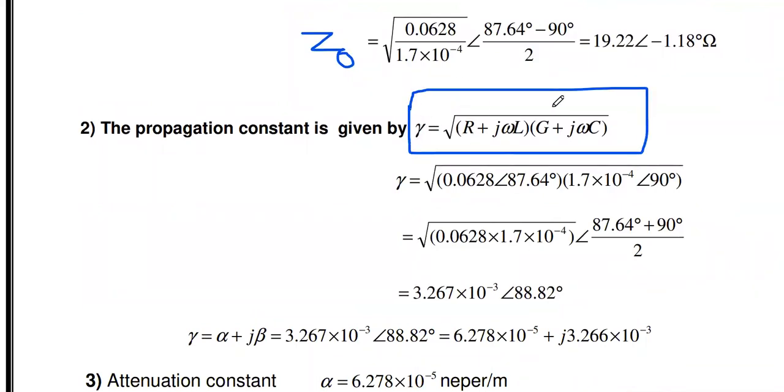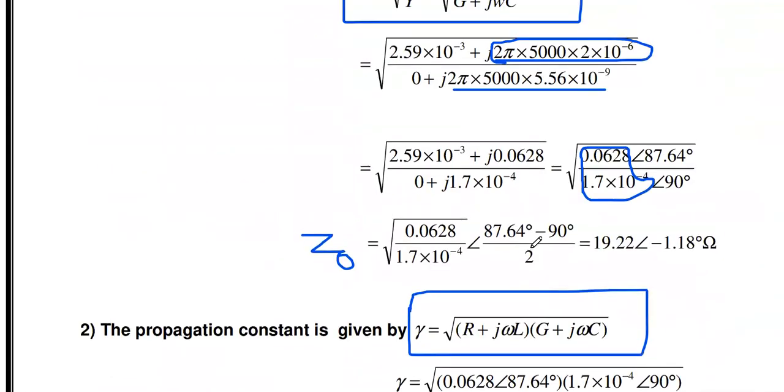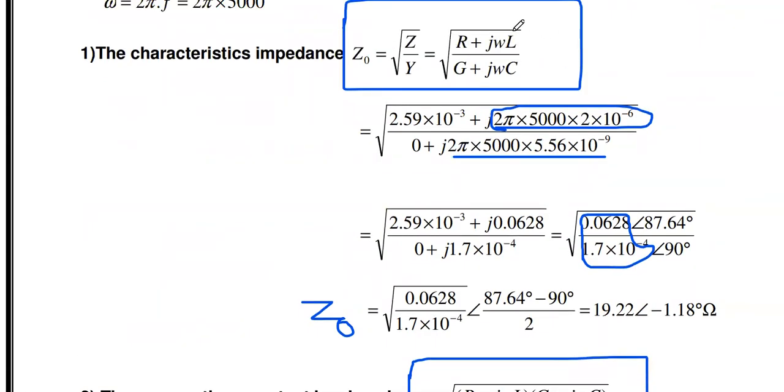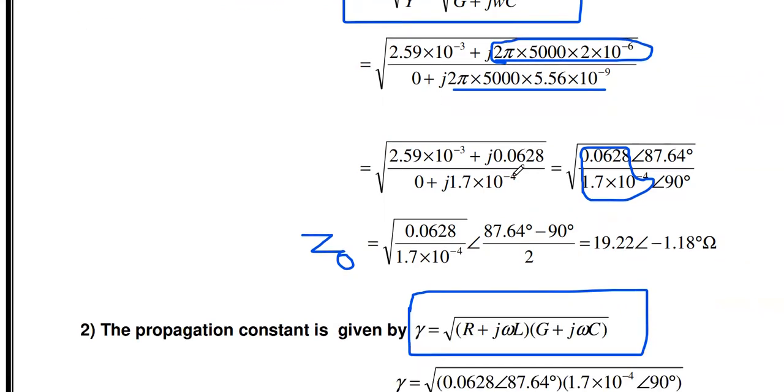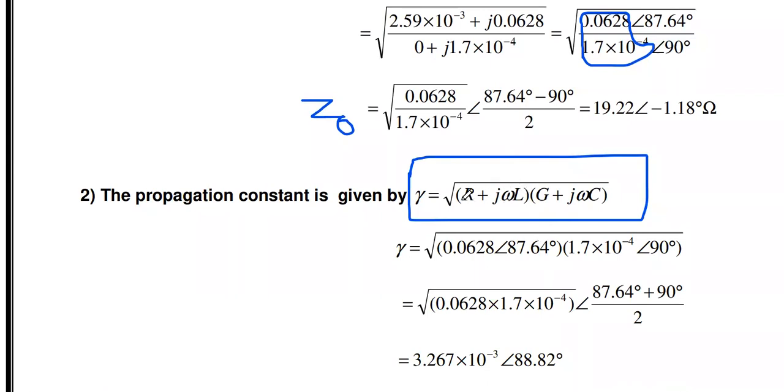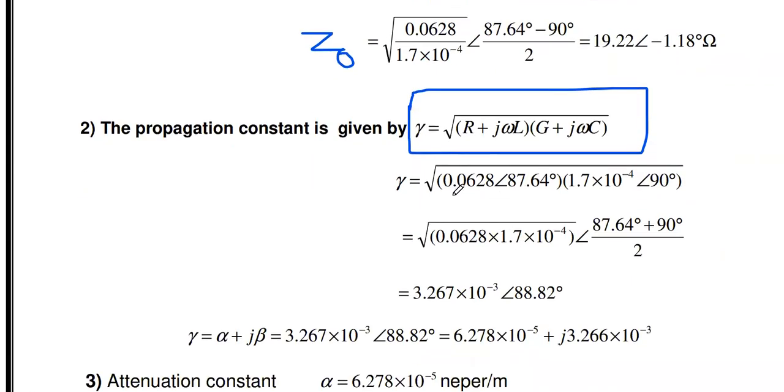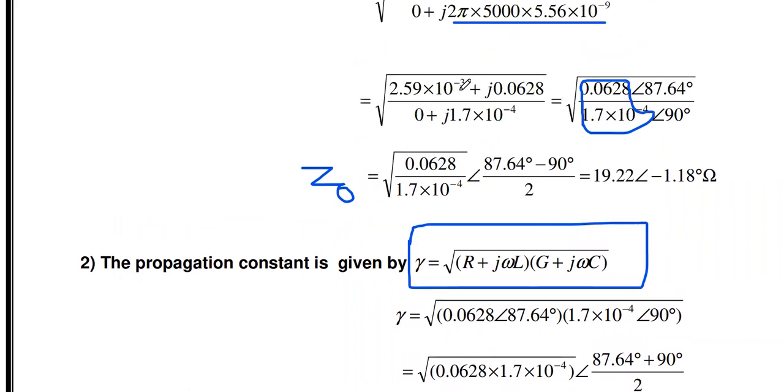Gamma equals the square root of Z into Y, that is, (R plus jωL) into (G plus jωC). We already calculated the numerator part, R plus jωL, and G plus jωC is this denominator. So you just substitute directly from the last step.